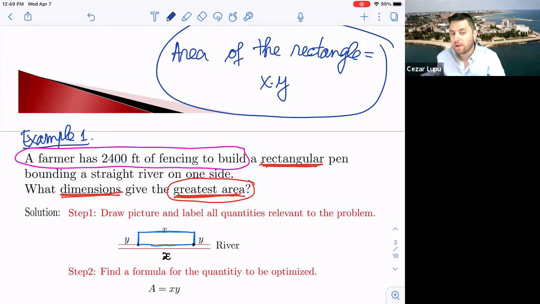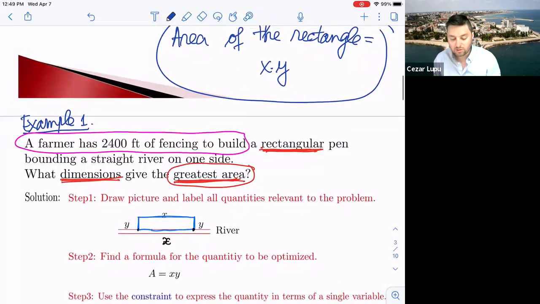It is the perimeter, right? But pay attention because it's a fence. So we would like to use the constraint to express the quantity in terms of a single variable. Look, here is the river, so we don't need this.